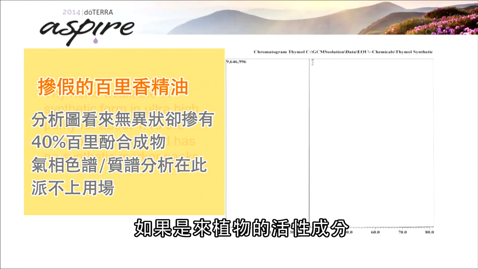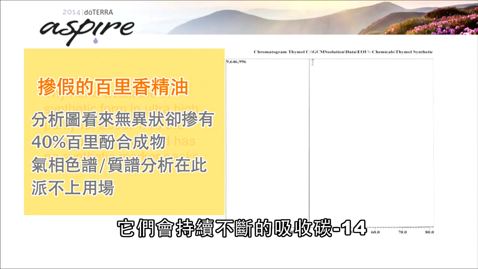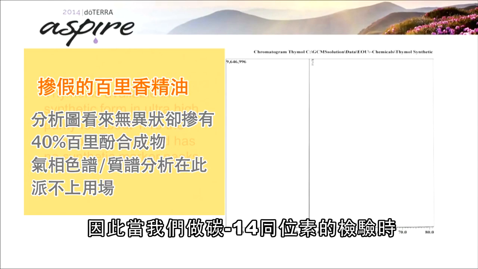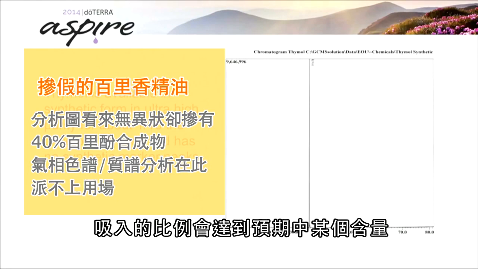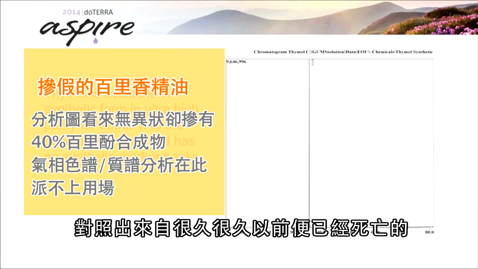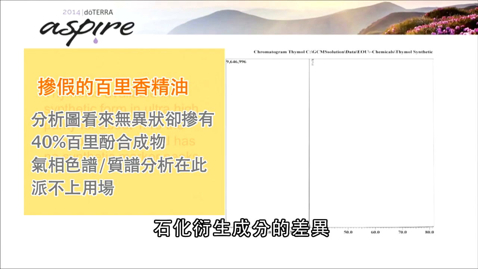Because when things come from plants that are alive, they're taking in carbon-14 at a constant rate until the moment they die. So that ratio is going to be expected to be at a certain point when we do the carbon-14 isotope test, versus a petrochemical derived component that comes from something that died many, many, many years ago.